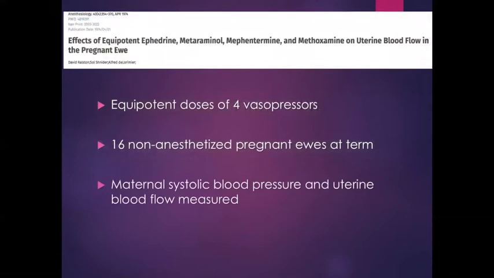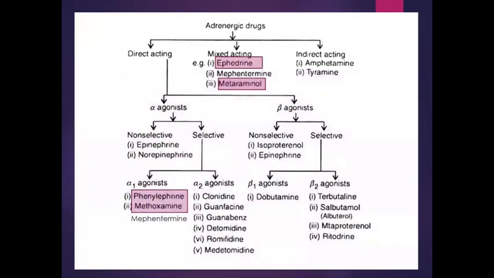Further work in pregnant ewes was done looking at additional vasopressor agents, including ephedrine. To evaluate the safety of prophylactic vasopressor administration, equipotent doses of 4 vasopressors, including ephedrine, were administered to 16 non-anesthetized pregnant ewes near term.